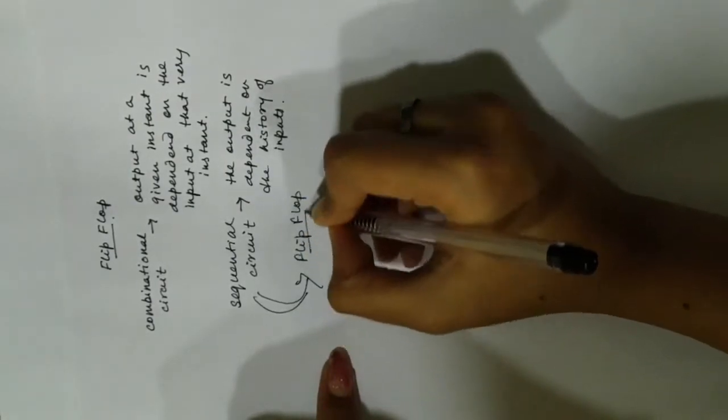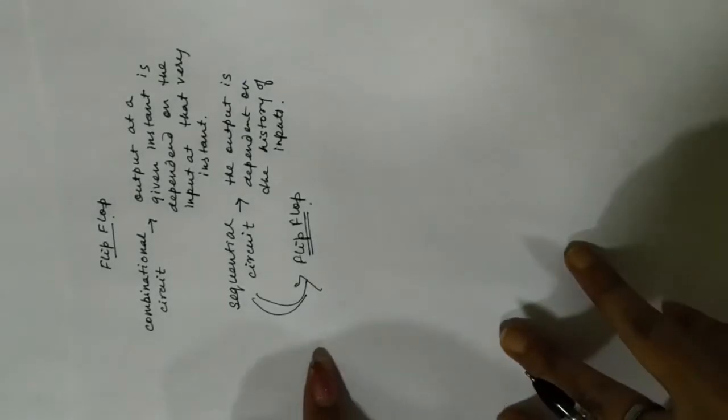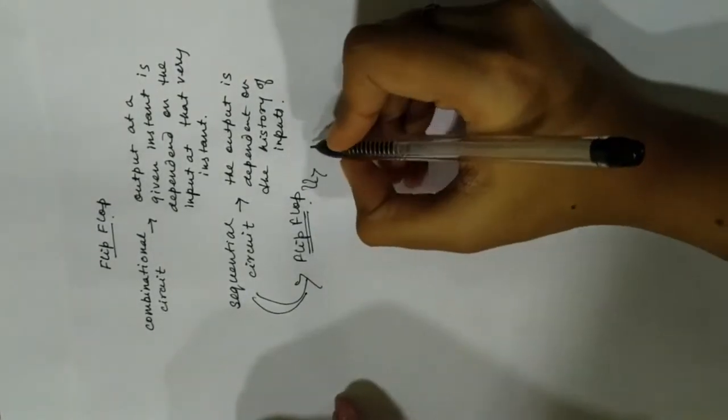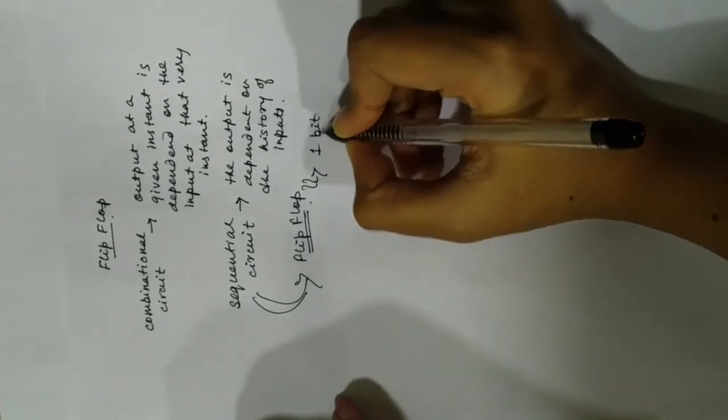So today we are going to study in detail what a flip-flop is, okay? The flip-flop is a circuit which can store 1 bit. That means it has 1 bit memory, okay?